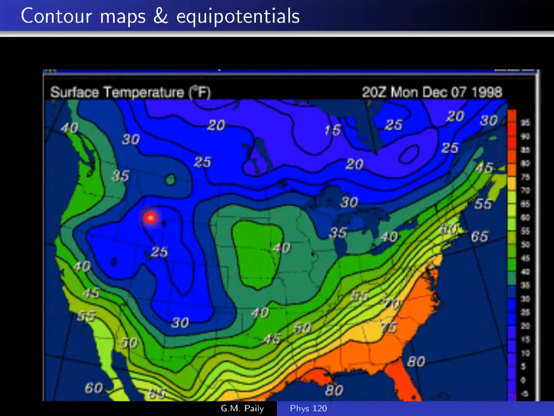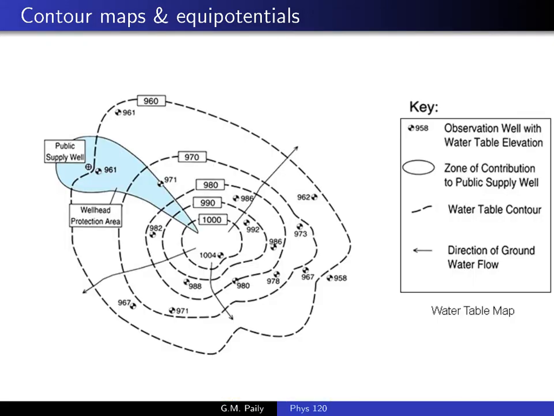So all these places have a temperature of 25 degrees Fahrenheit. All these places have a temperature of 30 degrees Fahrenheit, and so on. Here's another example. This map shows the elevation of the water table. All these places have an elevation of 970. All these places have an elevation of 960.